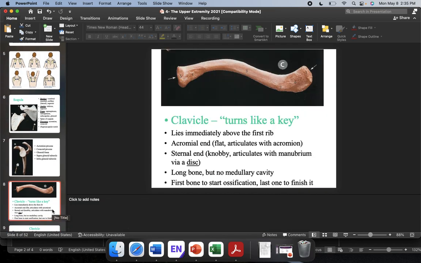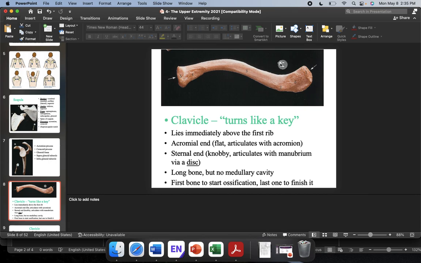Moving into the clavicle. If you pause and just do a large overview thought about the upper extremity, the clavicle becomes a very important component of the upper extremity, although it's a relatively not oft thought of bone as part of it.